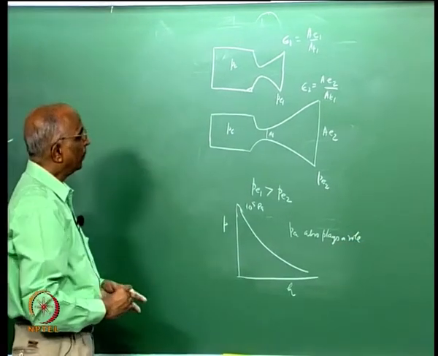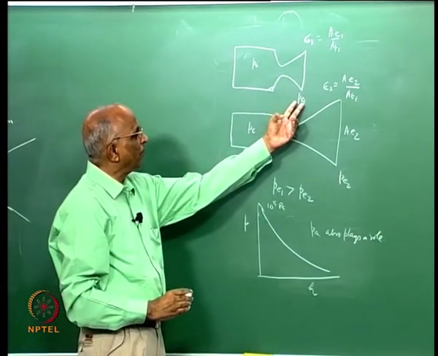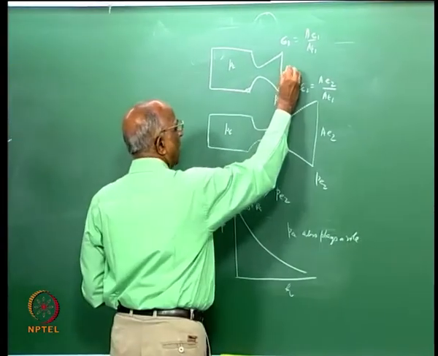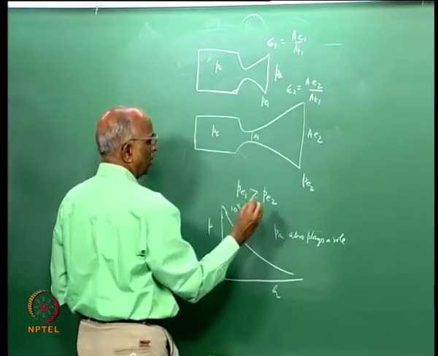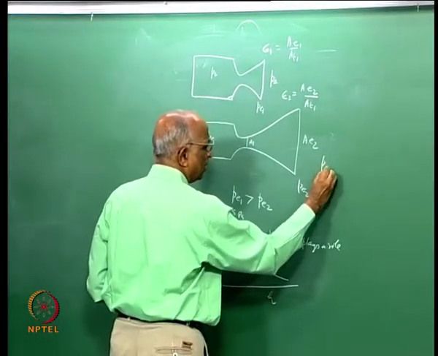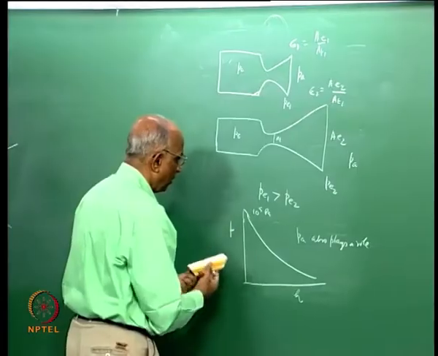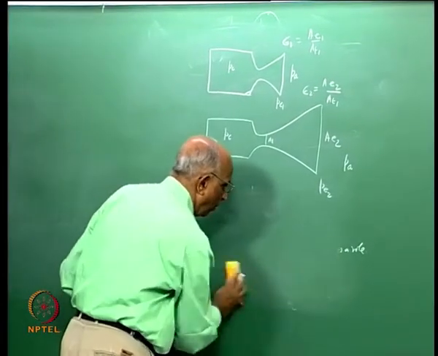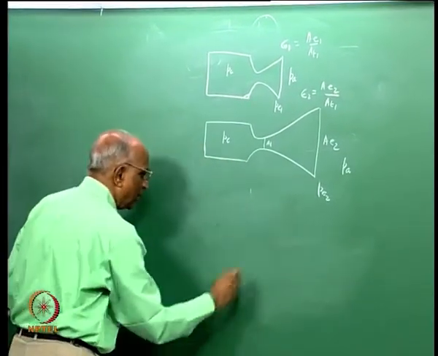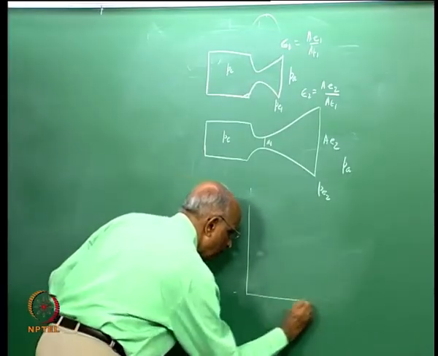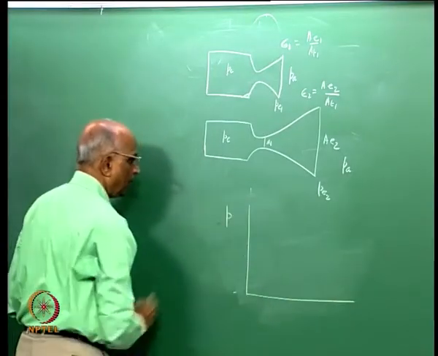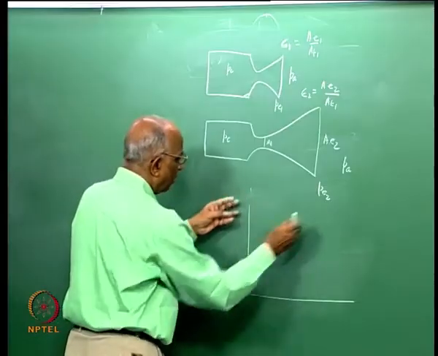Let us assume that in this case PE1 is there, and the ambient pressure is PA over here, the same ambient pressure is over here. Therefore let me plot it a little on a plot now. All what I am trying to do is plot the pressure variation along the nozzle.